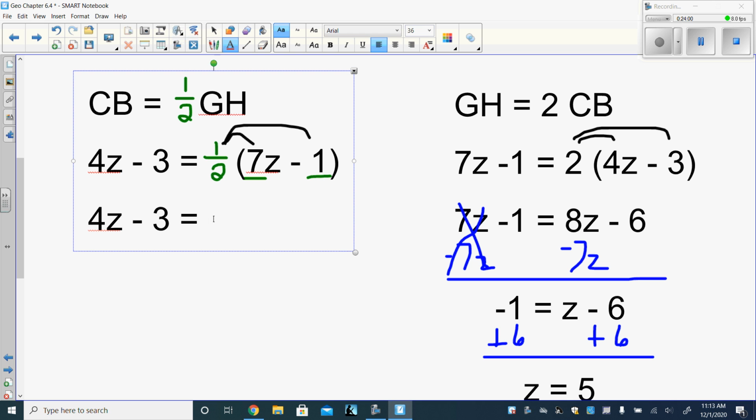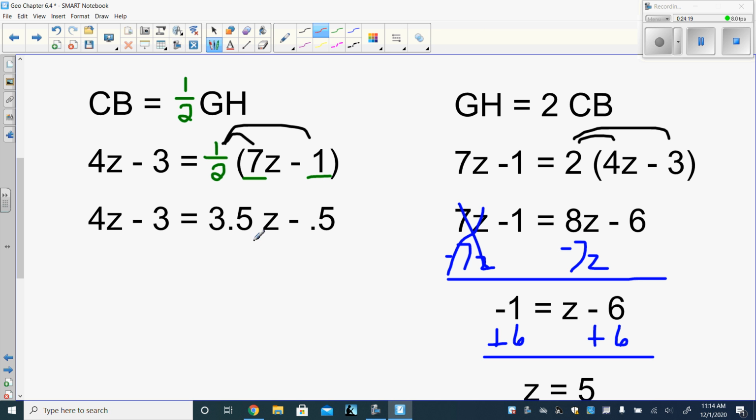Because 1/2 times 7z, or 7 times 1/2, will give us 3.5z minus 0.5, because negative 1 times 1/2 is going to be 0.5. And this is why I normally don't do this one here, because we get decimals. And it's not that it's going to change the answer. We'll get the exact same answer.